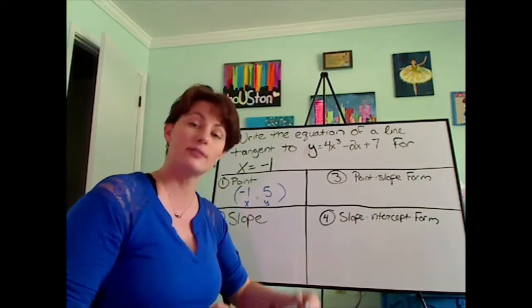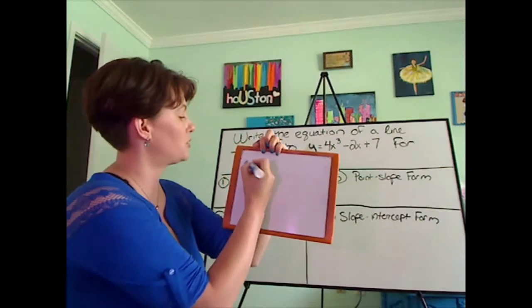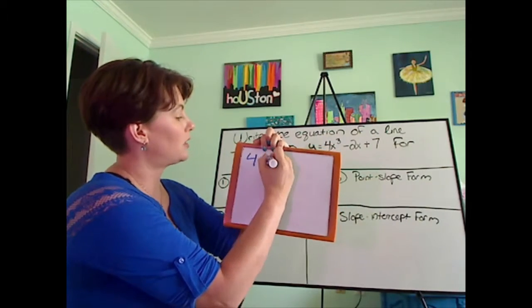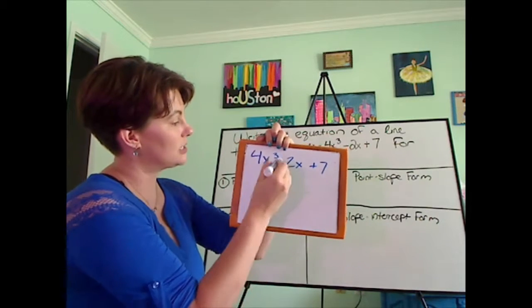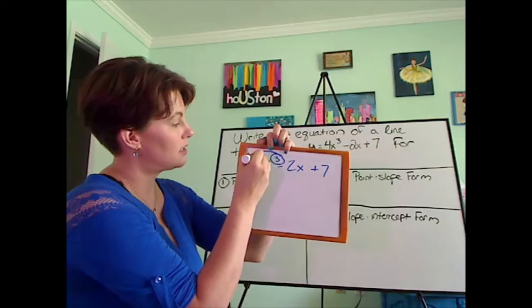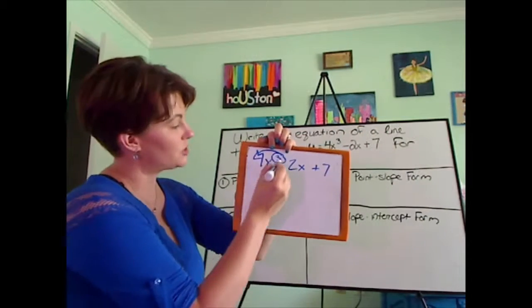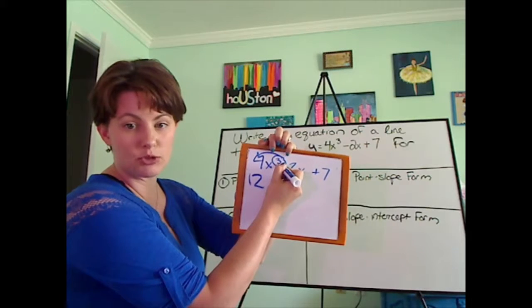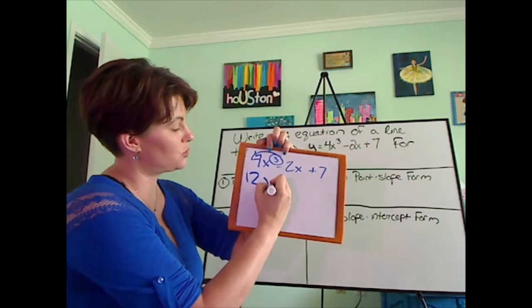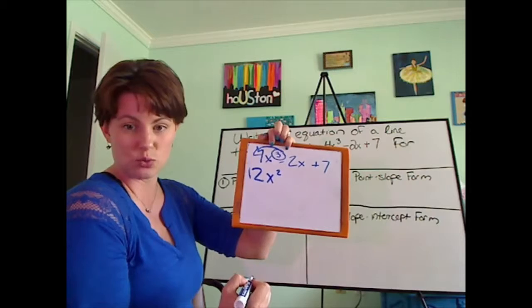There's long ways to find the derivative and there's short ways. We'll just do the short way. We take these little exponents, multiply it to the coefficient, so 3 times 4 is 12, and then take the exponent, subtract 1, so 3 minus 1 is 2, so we get 12x squared.